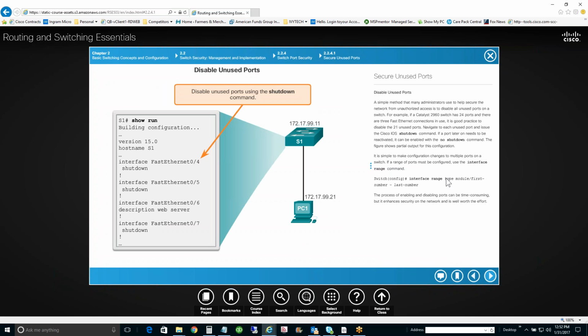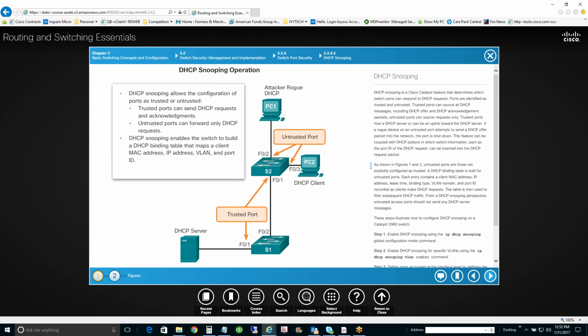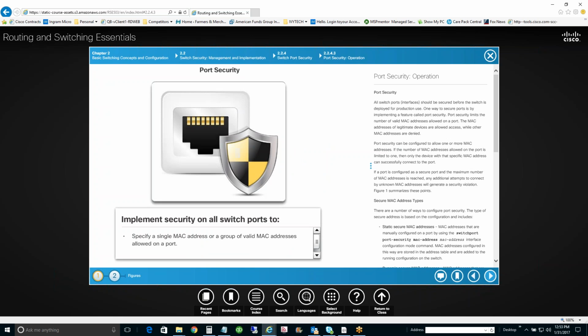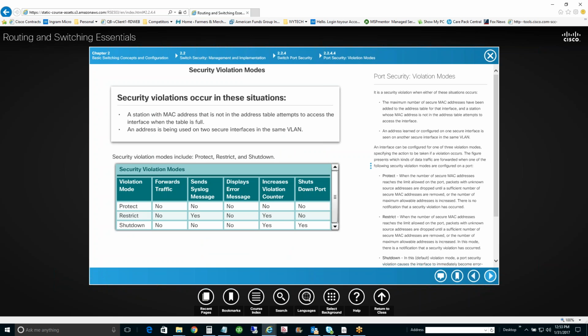So we go into securing unused ports and the configuration commands related to that, how to mitigate DHCP snooping by putting those commands into your switch, and different port security operations to help manage the MAC address table so that you don't get MAC address spoofing. That's all covered in here.